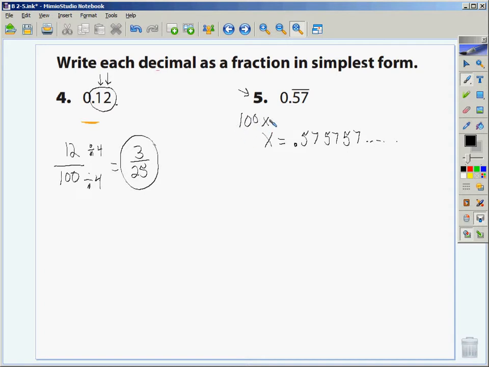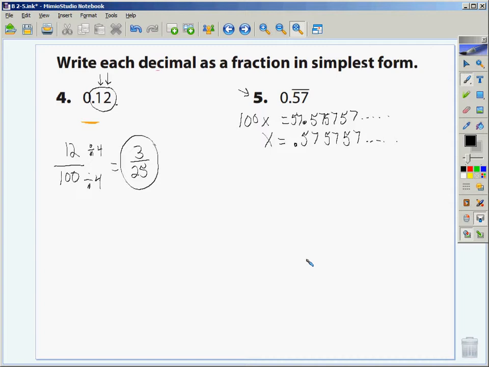If I multiply x by 100, what would I have to do on the other side to make the equation the same? Multiply by 100. When I multiply by 100, it moves the decimal 2 places. If I move it 2 places, it becomes 57.575757 forever. Right? Everybody with me that far?